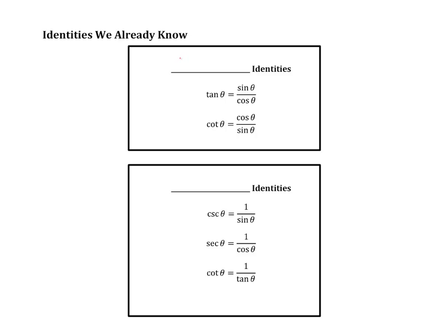For example, we have the quotient identities, which tell us that the tangent of an angle is always equal to the sine of that angle over the cosine of that angle, as long as that angle is within the domain of all the functions involved.